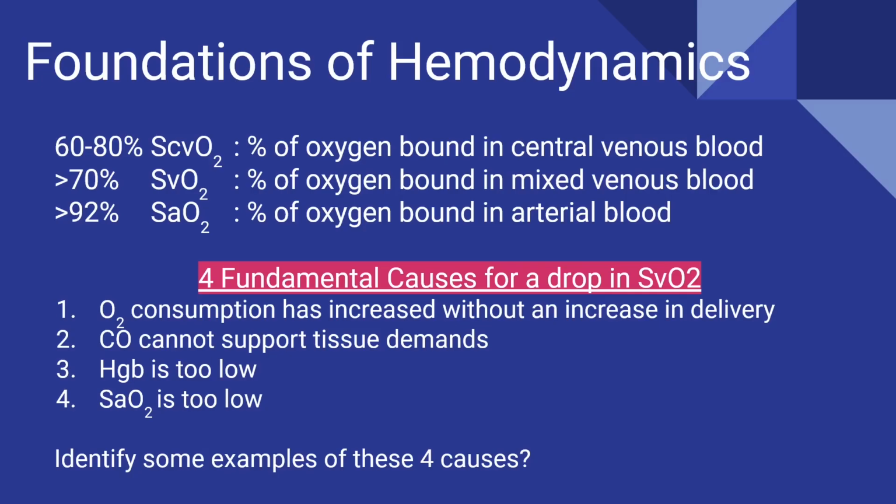So we see that if it's low, what is the cause? It could be that the amount of oxygen we're consuming has increased without it being taken in. So we've been using more oxygen, but we haven't been taking more in. So an example could be a patient has light, shallow breaths, but they've been becoming more and more sick.